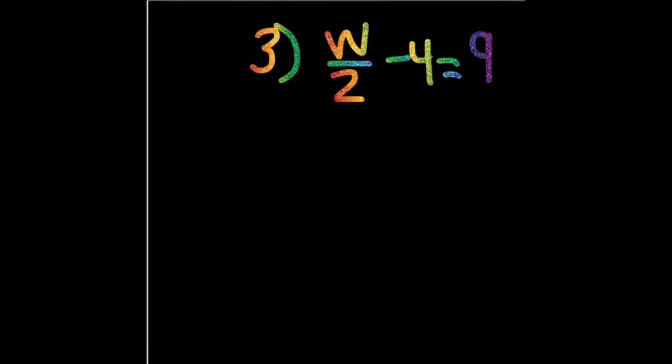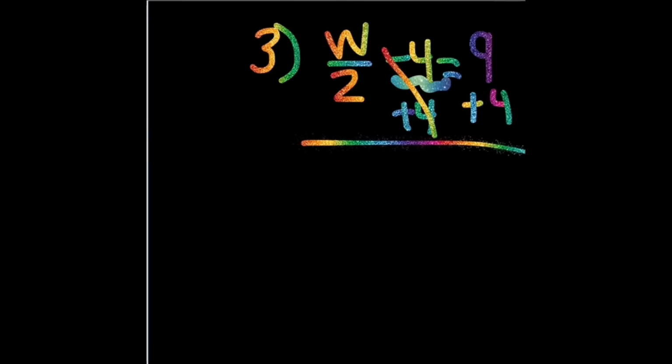Here we have a division, because this, remember, means divide, and we have subtraction. What you're going to do is the opposite. So first we're obviously going to do subtraction or addition, and here we have subtraction. So we're going to add 4, because the opposite of minus 4 would be plus 4, and now we get a simple one-step equation.